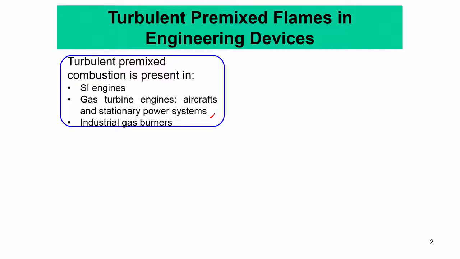That is why the gas turbine industry is shifting more towards lean premix flames. Of course, you have to have the additional process of premixing. So, we are moving towards that, and that is why it is important to understand how turbulent premix flames behave.